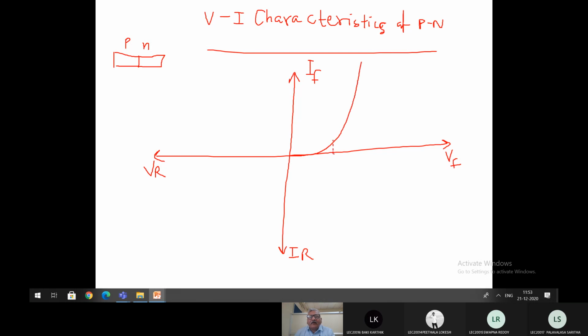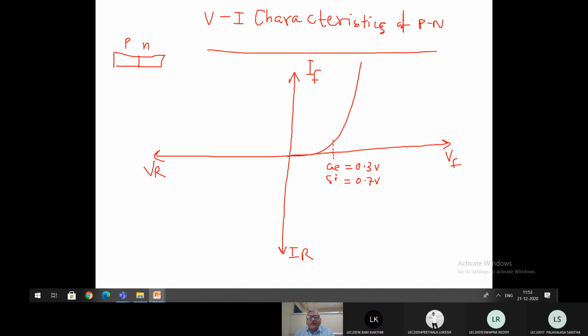This is the forward voltage: in case of germanium it is 0.3 volt, and in case of silicon it is 0.7 volt, right? After this much voltage, the potential barrier which was formed will break, and only then there is a sudden rise in the current, right?